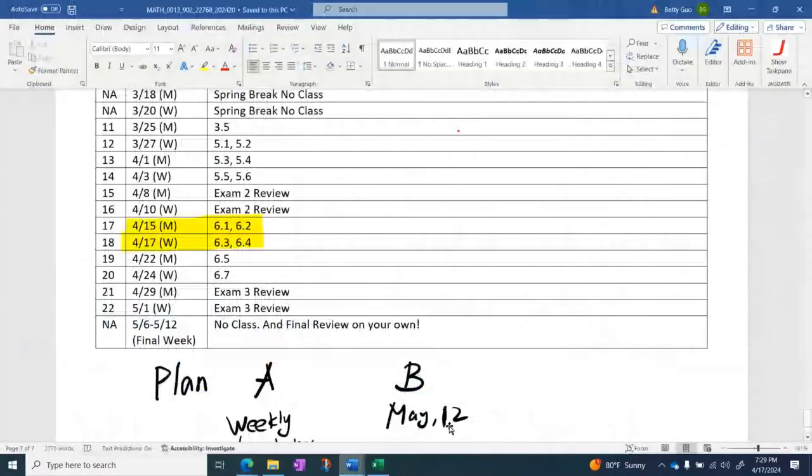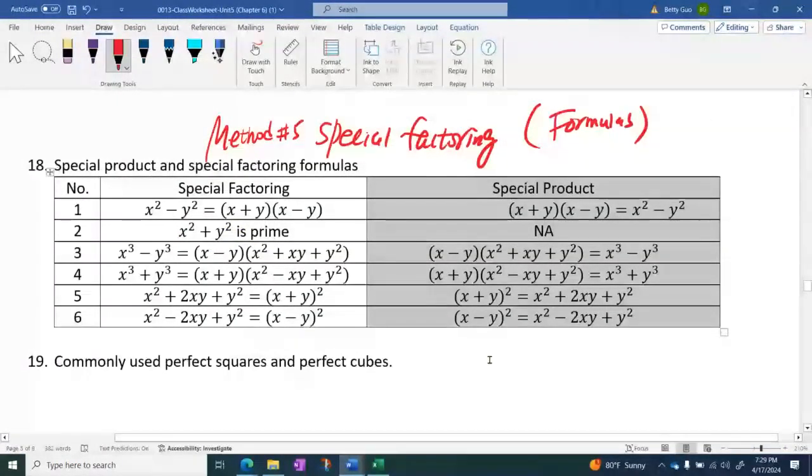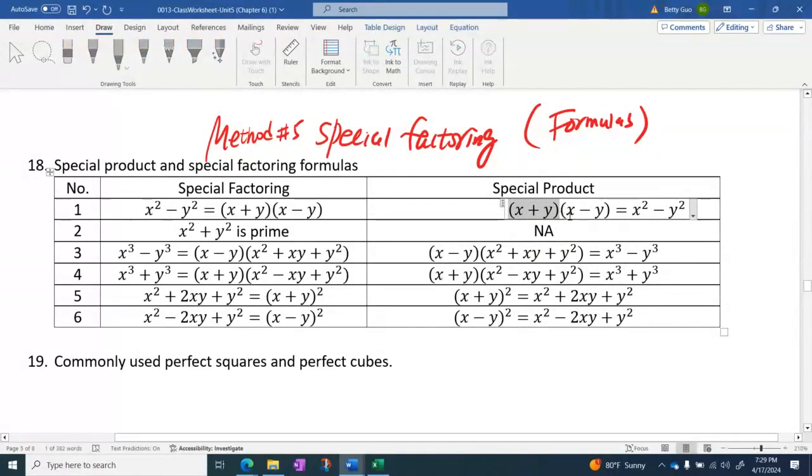If you don't remember, it's okay, but you need to memorize, you need to remember this chapter. I would recommend, if you are not familiar with those formulas yet, you prove them. For example, you use the box method to prove x plus y times x minus y equals x squared minus y squared, and all the 5 formulas.